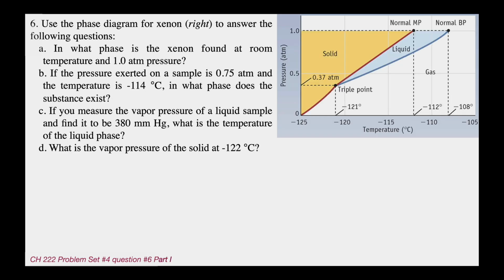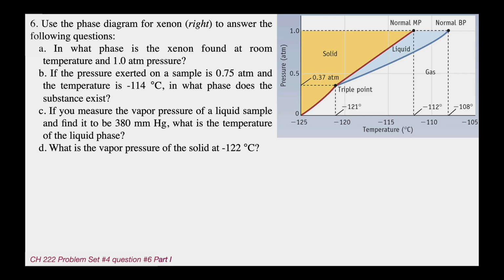We're going to split this one into part 1 and part 2. Look at the xenon phase diagram on the right. And again, all phase diagrams have a solid, liquid, and gas phase. You can see how the solid is to the left, and the gas is to the right. If you use your imagination a little bit, the liquid-gas interface is like the top part of a Y, while the solid-gas is the bottom part.